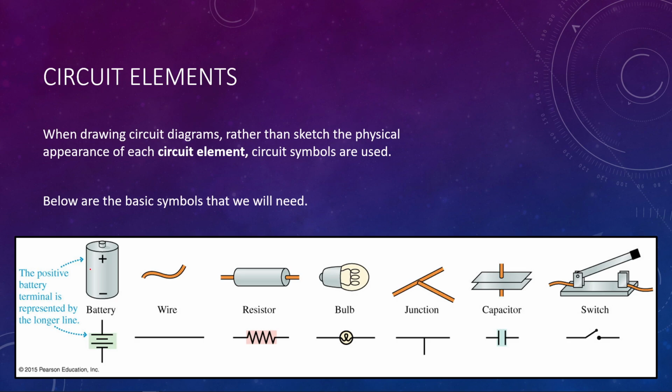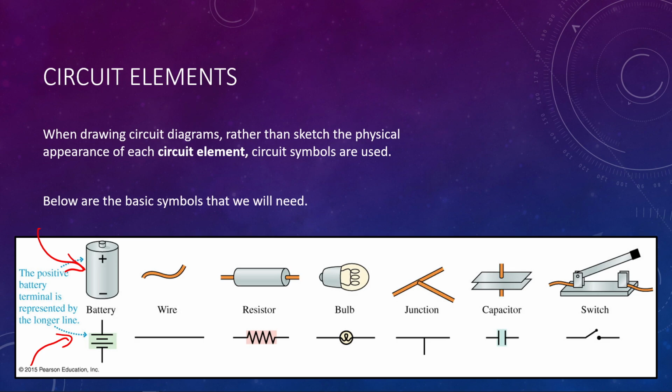So what you're seeing is, in the top, you're looking at a physical representation of what the object might look like in the real world. However, on the bottom half of this diagram, you're looking at what we call the circuit symbols or schematics of what you would draw in a circuit or see drawn in a circuit diagram.